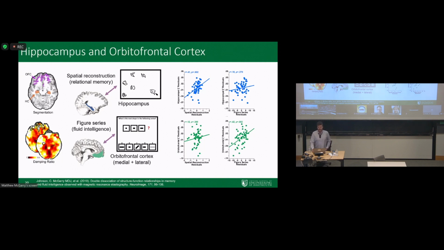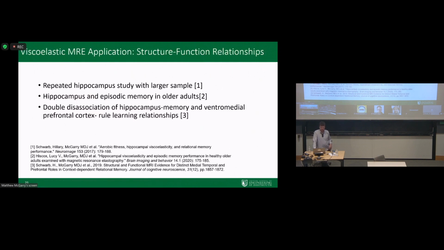So here, with the hippocampus and orbitofrontal cortex, we showed that the damping ratio of the hippocampus is strongly related to the memory task, but not the fluid intelligence task, whereas fluid intelligence is associated with the orbitofrontal cortex, where we detected a significant relationship between performance and fluid intelligence, but not in the hippocampus.